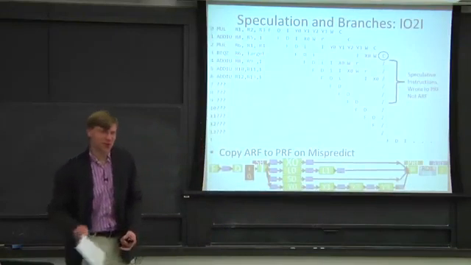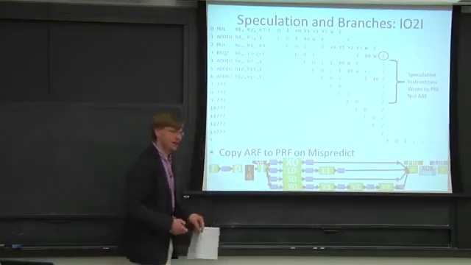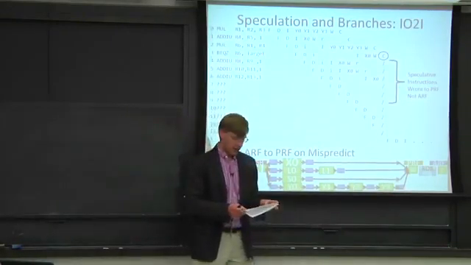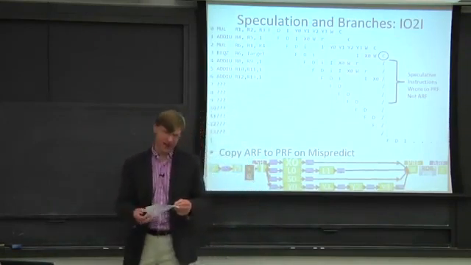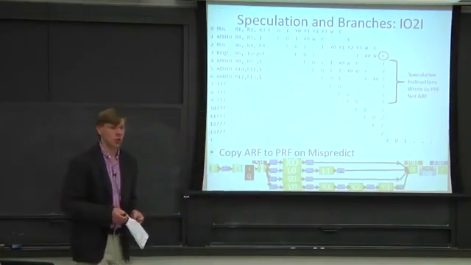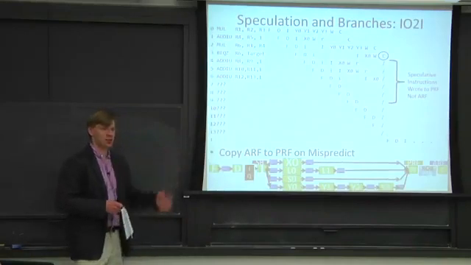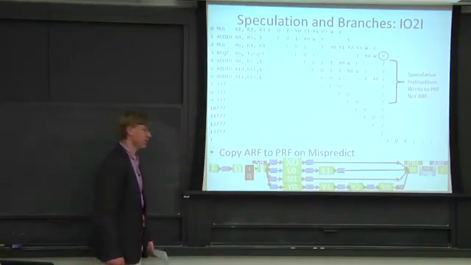OK, so this brings us to the question that we had during last class about the reorder buffer and what you do with reorder buffer pointers in this branch misspeculation case.